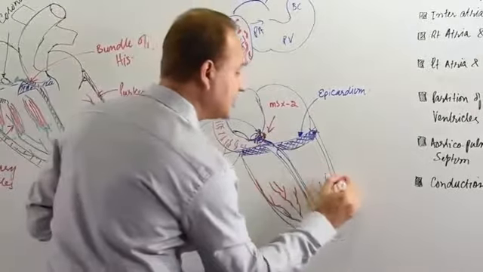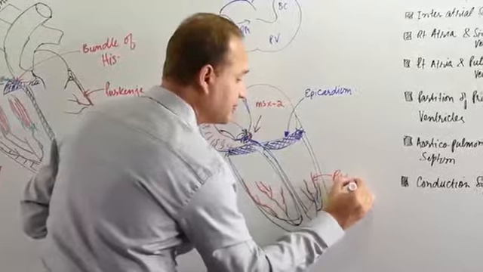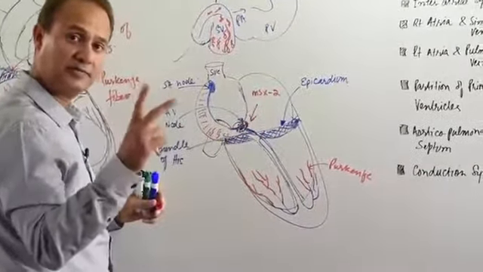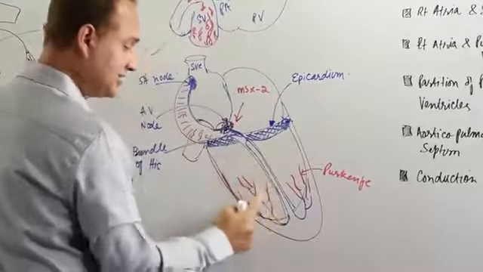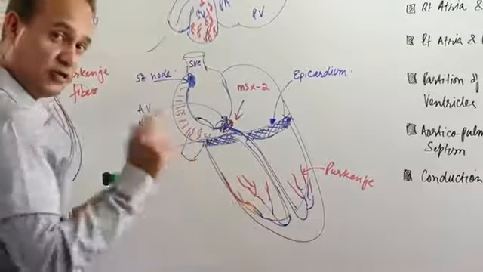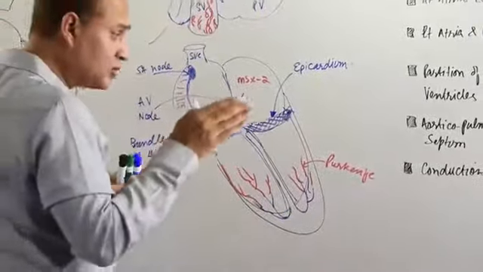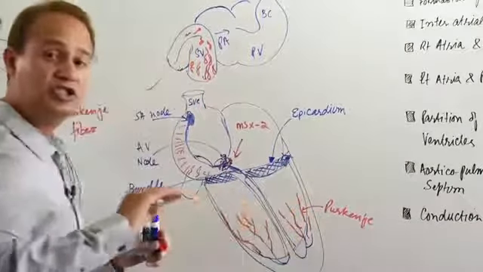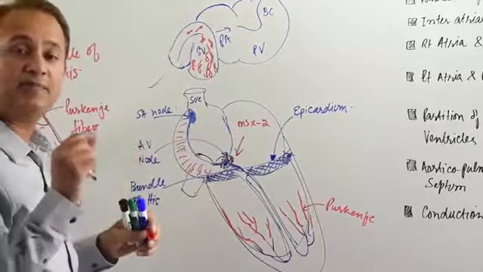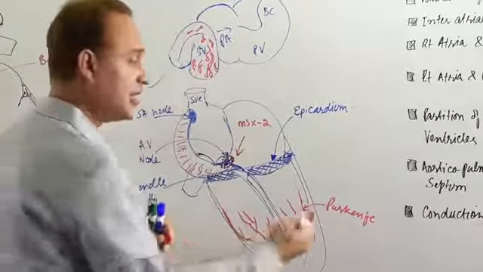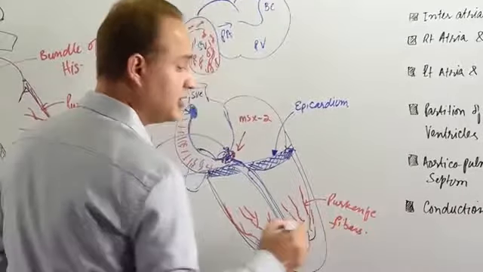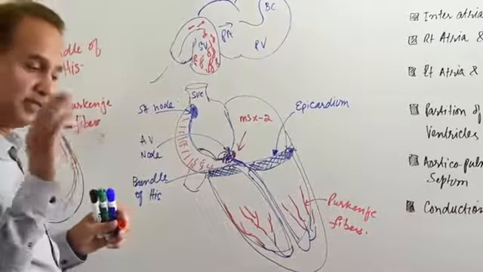So these Purkinje cells were actually contractile cells. They were contracting. Then came the His cells, the bundle of His, and connected with them. When it connected with them, some of these myocytes changed their appearance. They became conduction fibers, and now they are called Purkinje fibers.